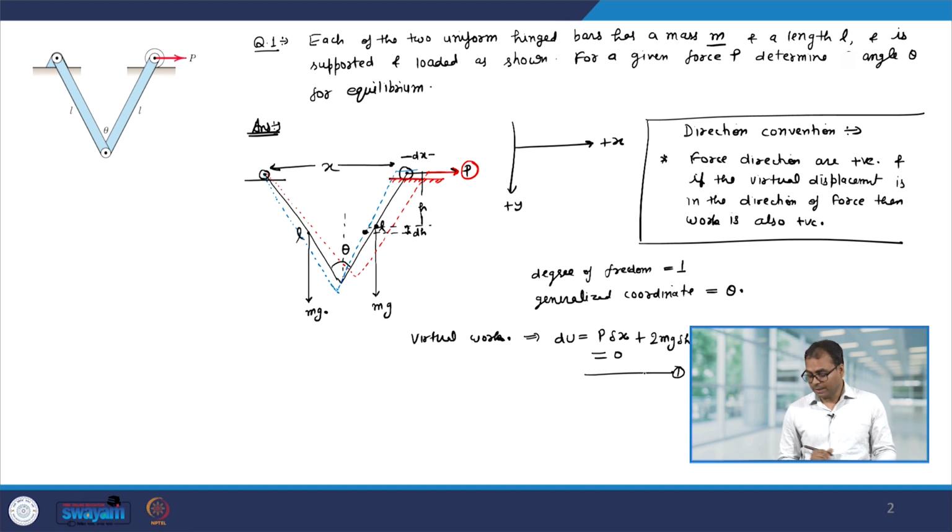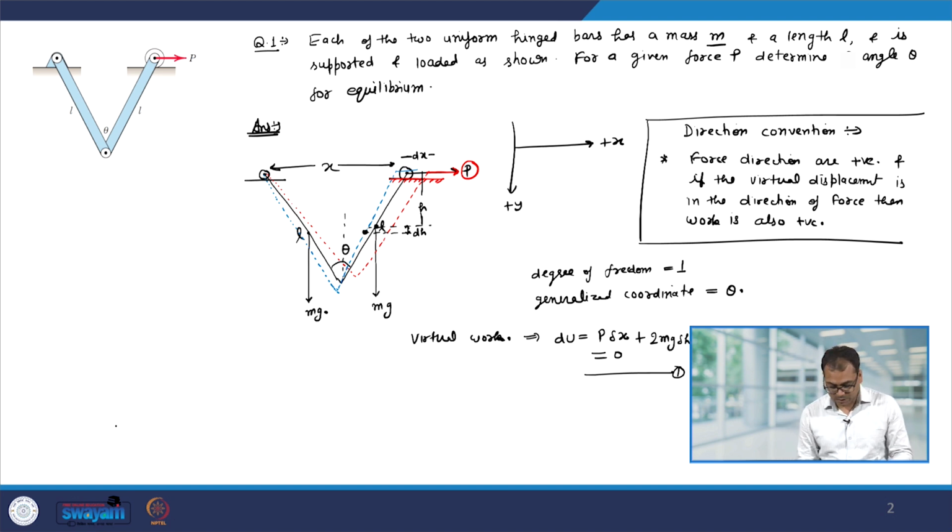Note that our generalized coordinate was theta, therefore, this equation number 1, which is right now in dx and delta h, has to be converted to d theta. So, let us find the relation between dx and theta, or x and theta.